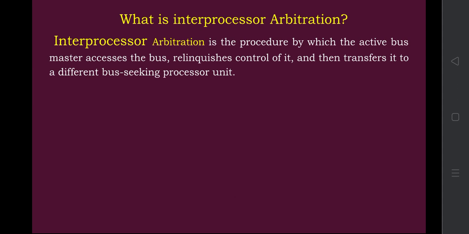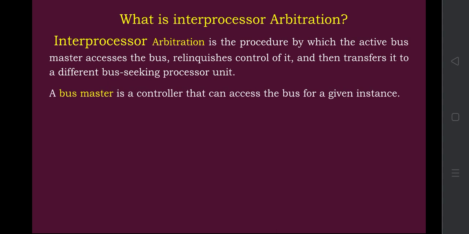That means there are many devices which seek the bus. Once a particular processor gets control of the bus, it will transfer data and then relinquish, that means release, the control, and then transfer the same control to some other unit which is requesting the service of the bus.